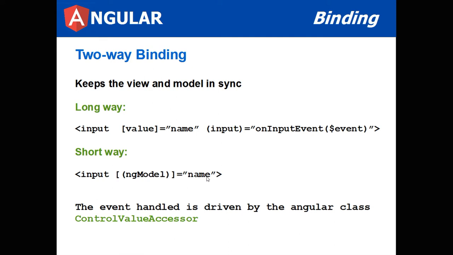Then the input tag in the component template would use two-way binding from the component attribute called name to the template, and when you change the input value in the Angular app on the web page, that will update the name attribute in the component. And the event handling is driven by an Angular class called ControlValueAccessor.